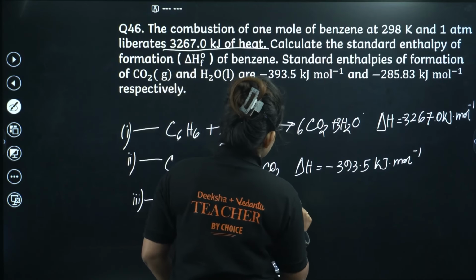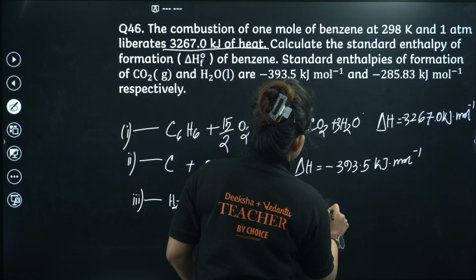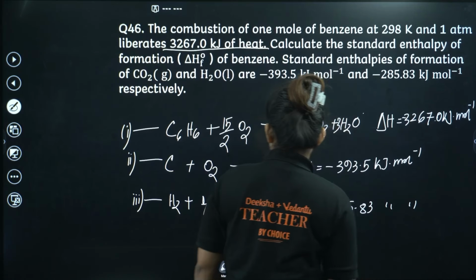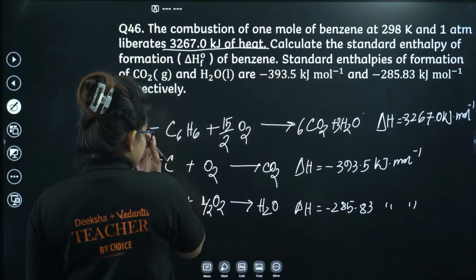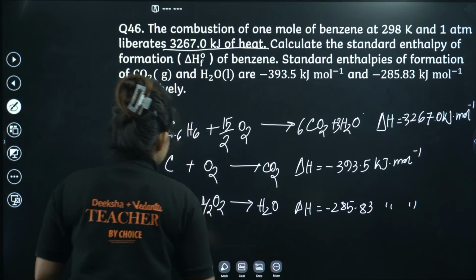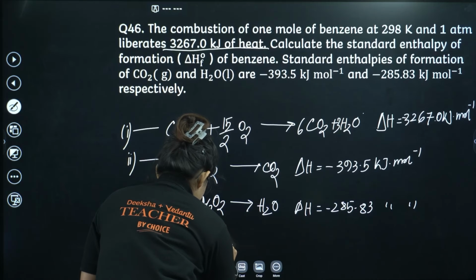For this case, delta H is given as minus 285.83 kilojoule per mole. So from here I have to come up with the formation of benzene, that is 6 C plus 3 H2 will give me C6H6. For this equation I have to find the delta H.